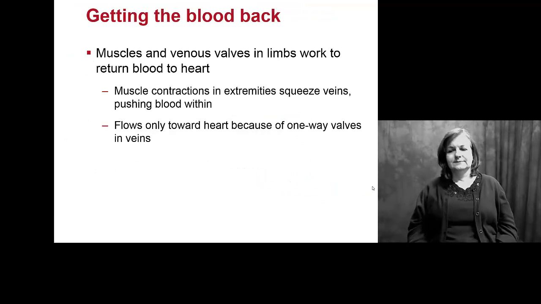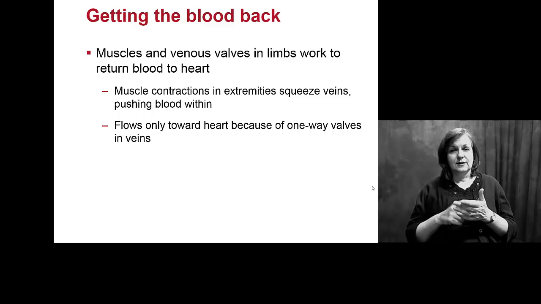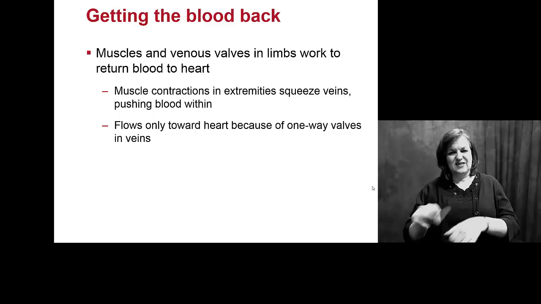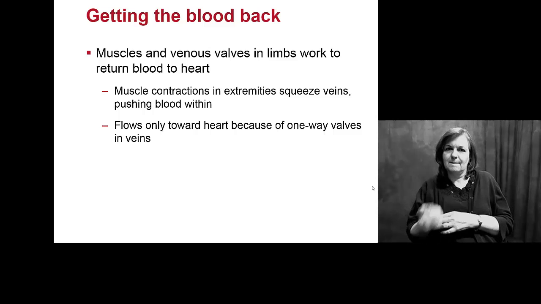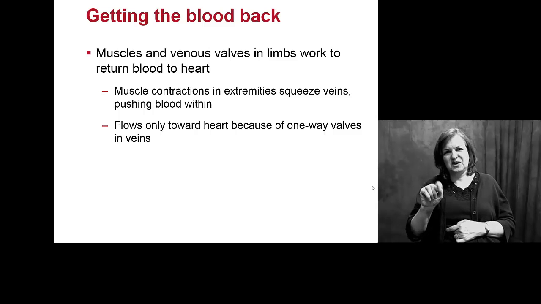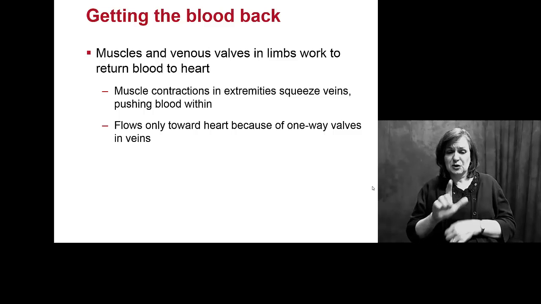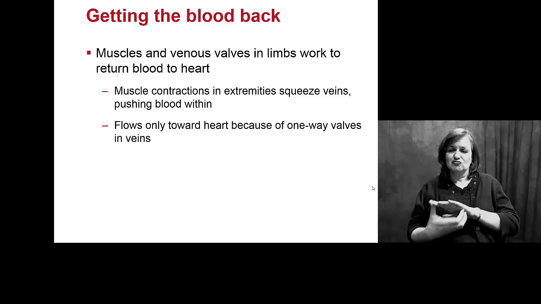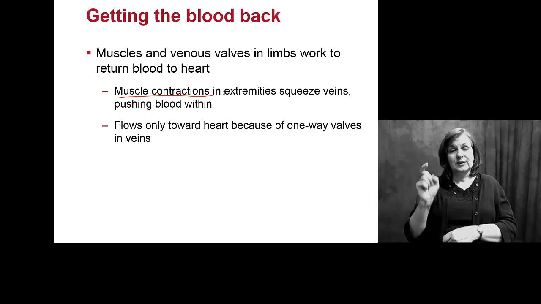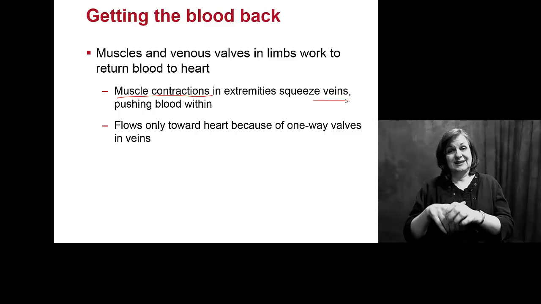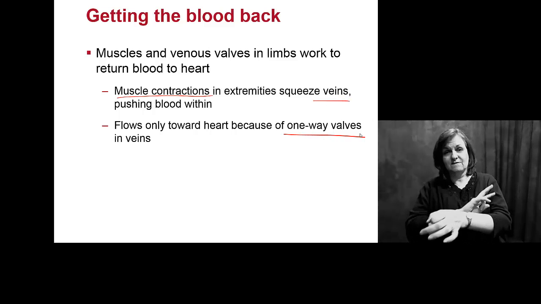Now, as that blood pressure decreases, we said it's lowest in your veins. Well, that's a problem because you've got veins that have to bring blood back from your big toe to your heart. If blood pressure is low, you're never going to fight against gravity to get it back to your heart. So we're dependent on both muscle contractions in your legs to help squeeze those veins, and we're going to be dependent on the valves.